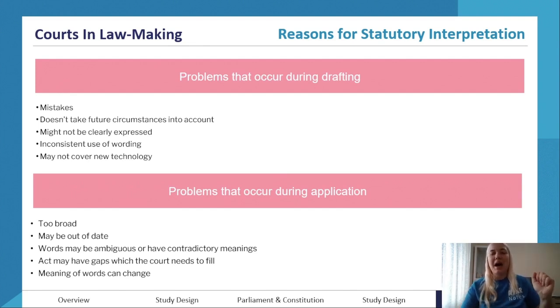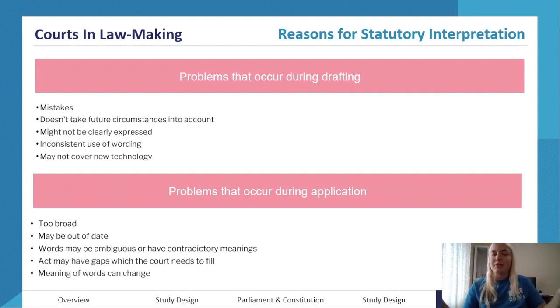So one of those reasons is problems that occur during drafting, and the other is problems that occur during application. So problems that occur during drafting are probably the most common, because think about it, an act is a very, very long piece of law. I don't know if you've ever read an act, but it can be hundreds of pages long.